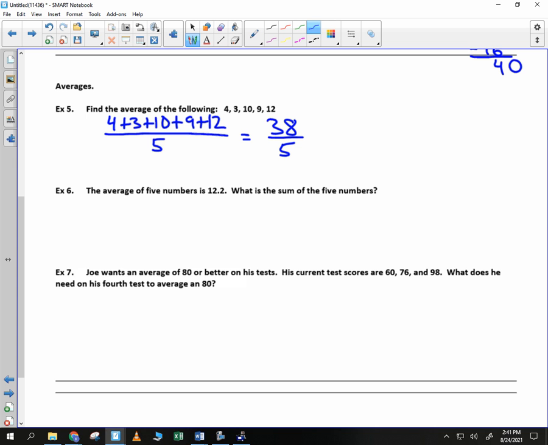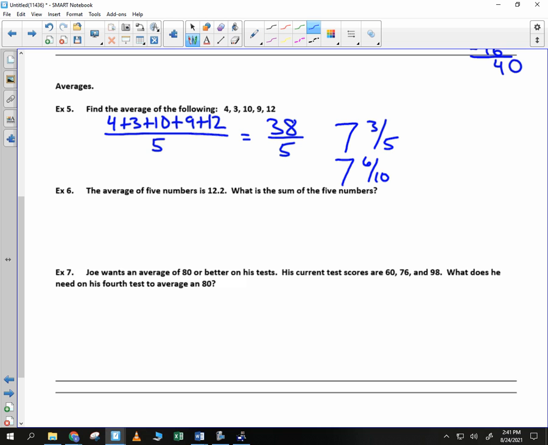Now, you don't like the division, right? Yeah, that's what you get mad about. So how many times does 5 go into 38? Very good, 7 times. With a remainder of 3, right? Do you know what 3/5 is as a decimal? Because that's the same as 7 and 6/10.